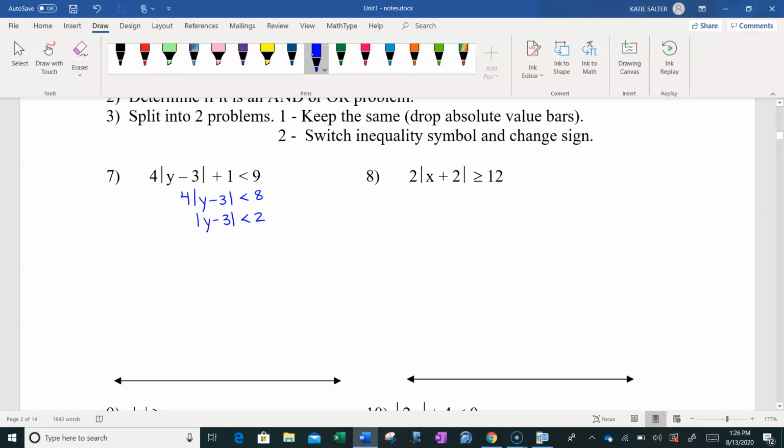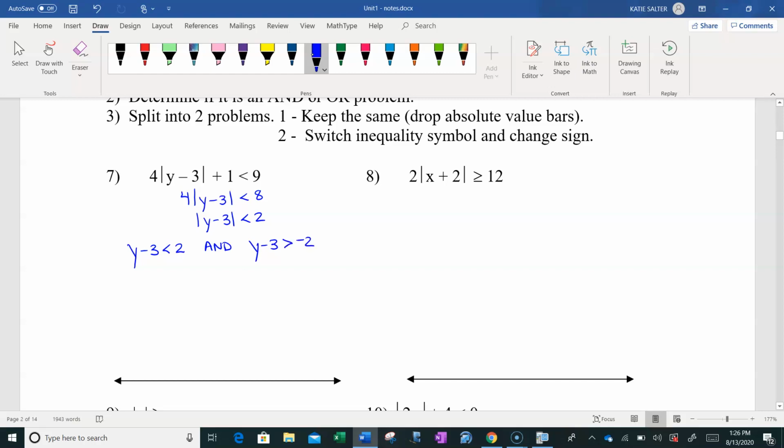All right, at this point, we then break it up into 2 inequalities. The first one, just drop the absolute value bars out, but keep it exactly like it is. Again, we decided that this is an AND problem. Then the second one, drop the absolute value bars out, but you're going to now flip the symbol and change the sign.